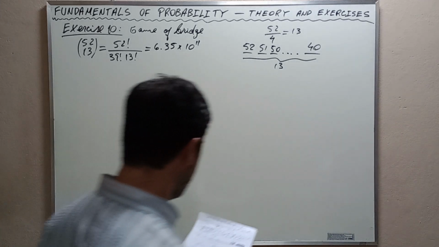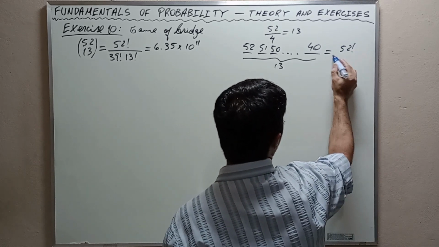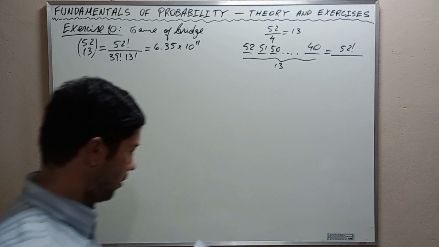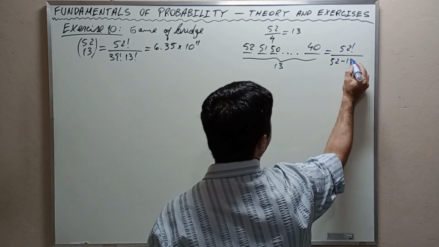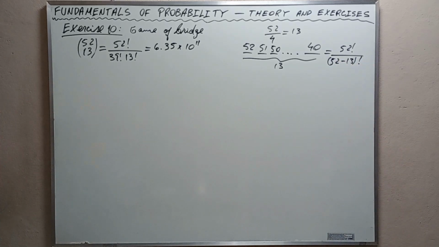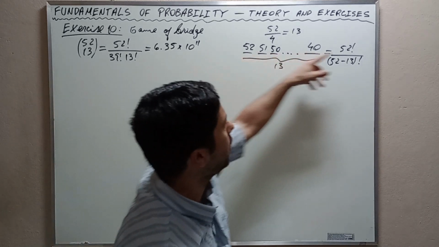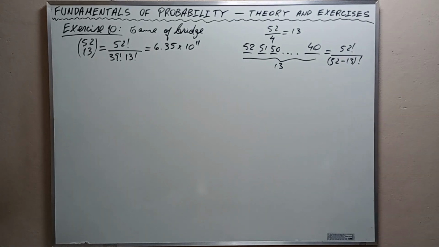And this is equal to 52 factorial divided by (52 minus 13) factorial, okay? And remember that we don't let the factorial go all the way, alright? We are not dealing cards to only one person.